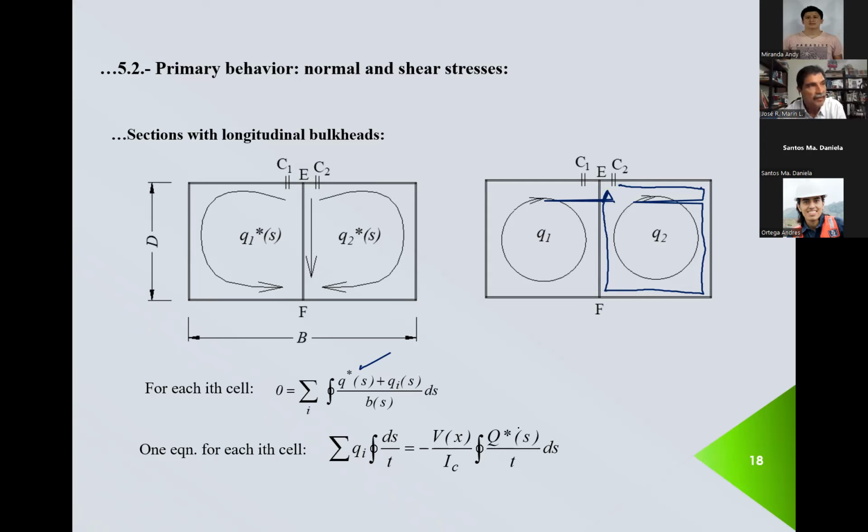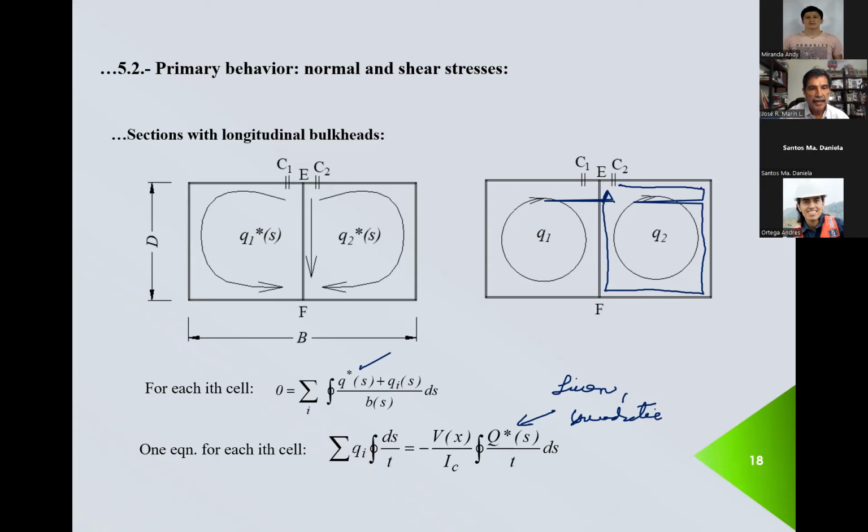This integration gives us some problem because this could be linear and in some cases could be quadratic. Remember, it's linear on the deck and quadratic on the side. So you have to integrate that, but it's just linear integration, quadratic integration is not very complex.